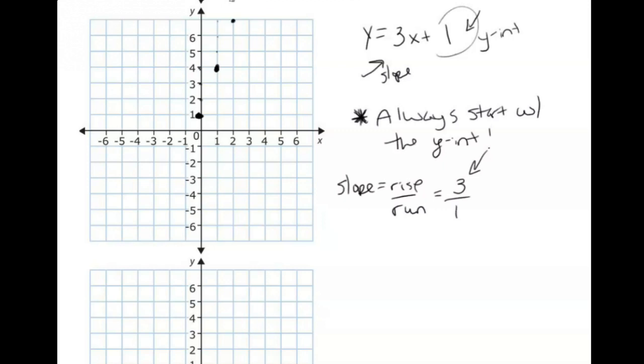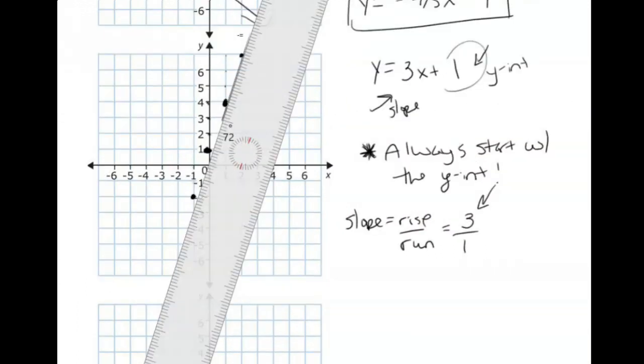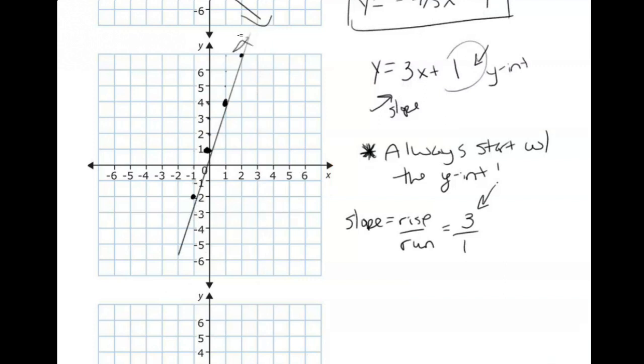Now, be very careful if you want to do this, but you can also run down. You can go over 1, 1, 2, 3. But if your point is not on the same line, then you have run the wrong direction, and we don't want that. I have enough points to generate a line, and that is the line of the function y equals 3x plus 1.